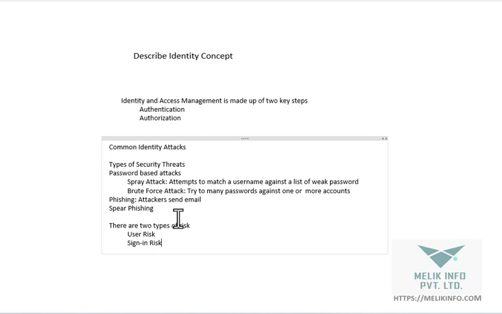Your account has been compromised. User risk. When we talk about sign-in risk, it represents the probability that a given authentication request isn't authorized by the identity owner.